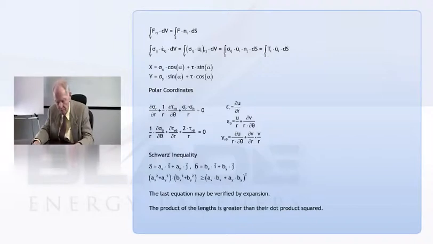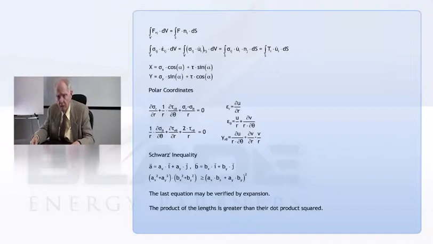All that the Schwarz inequality is saying is that if I take the length of the first vector and I multiply it by the length of the second vector, that's going to be greater than, excuse me, the square of the dot product of the vectors.